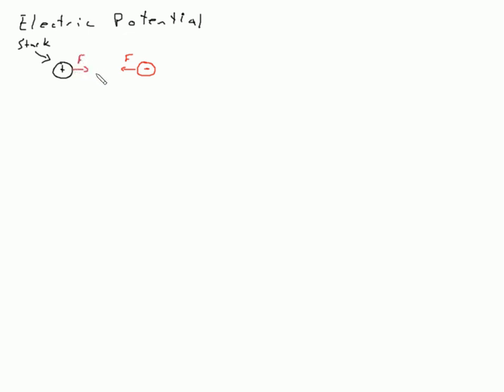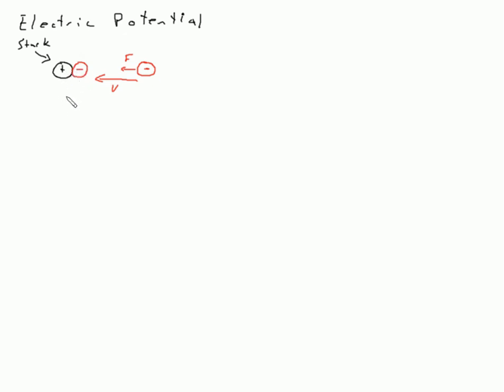This one's stuck, it's not going to go anywhere, but this negative charge is going to move. It has some velocity and heads over towards it, and eventually it's going to be right here. It'll be stuck to it, and so now it's not going to go anywhere else. It's just in this little place right here.